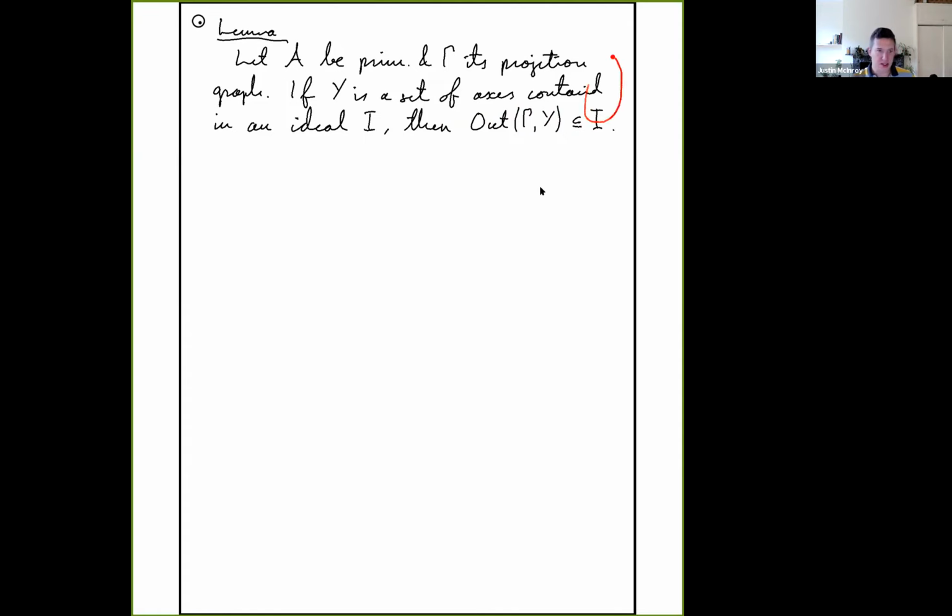So what this is doing is saying that if you've got some axes which are in your ideal, what other axes are in your ideal? Well, we can find these by just using the projection graph and looking at the outset. And again, I'm running quite short on time, so I'm not going to give you a proof of this. It's in the notes.